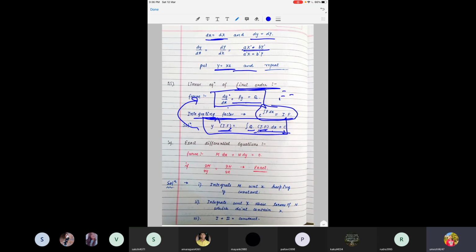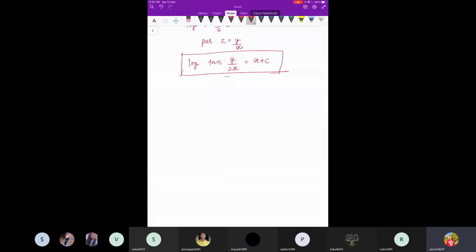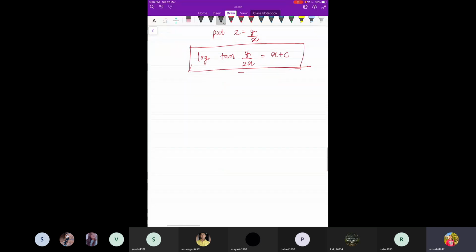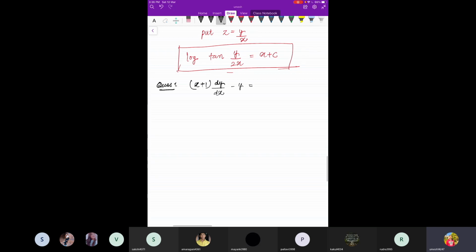So I need to take an example of this. So we have x plus 1 times dy by dx minus y is equals to e to the power x into x plus 1 square.